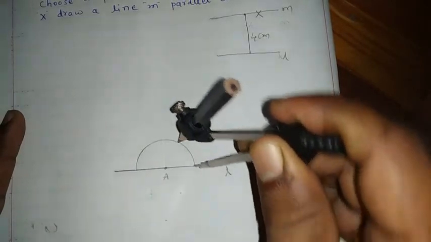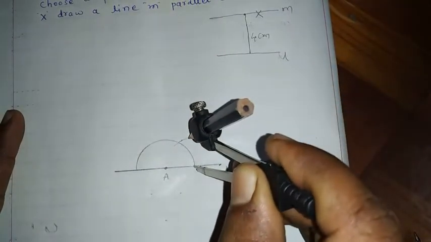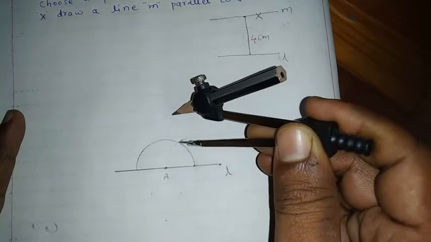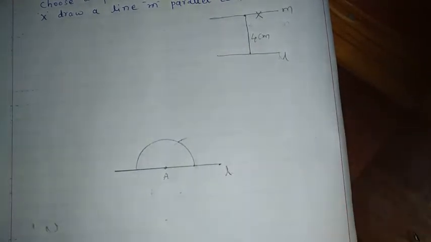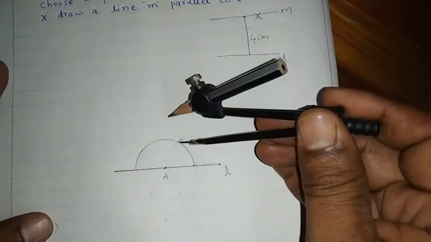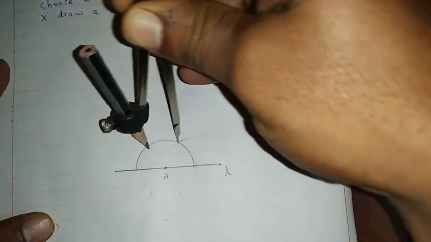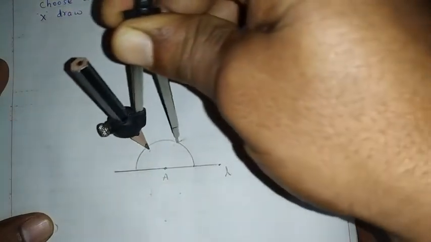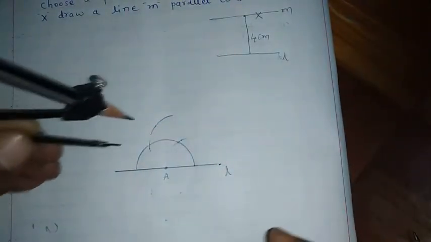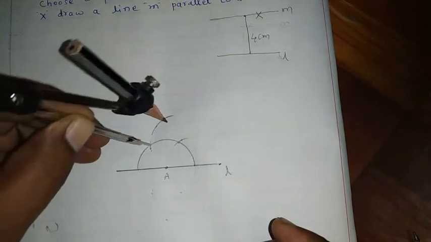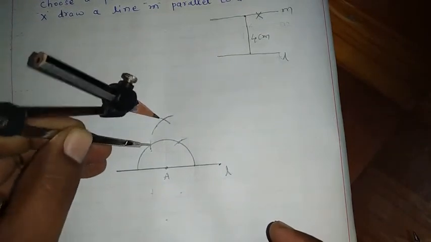Now keep the needle here, draw one arc, and now keep the needle at this point where both this arc and this semicircle intersect. Now keep the needle at this point, draw one more arc here, one here, and one upside, and now keep the needle at this point, draw one more.